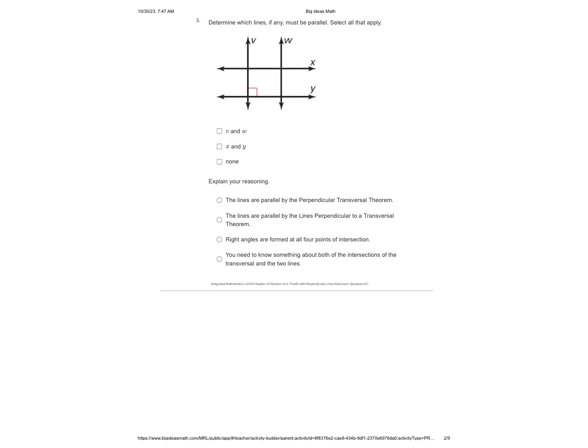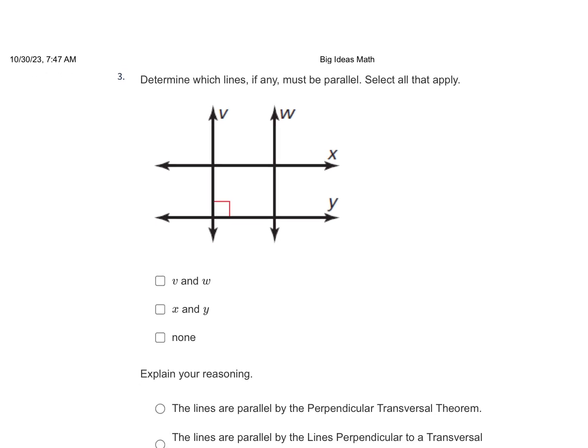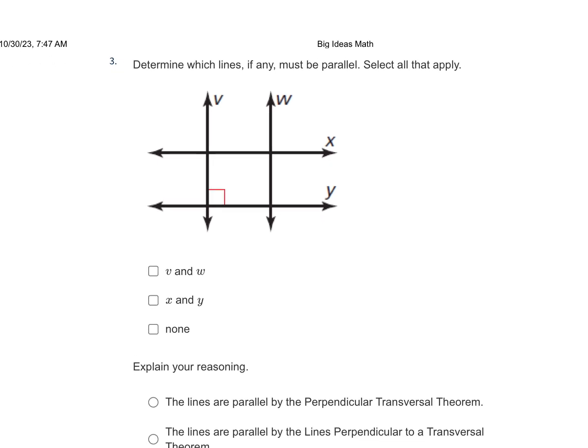All right, looking at the next question. It says determine which lines must be parallel. Select all that apply if there are any lines. So looking at this one, are there any lines that are parallel? Which ones? Are there any lines on here that I could determine that are parallel? No, there are none.